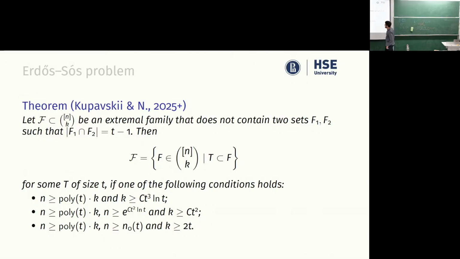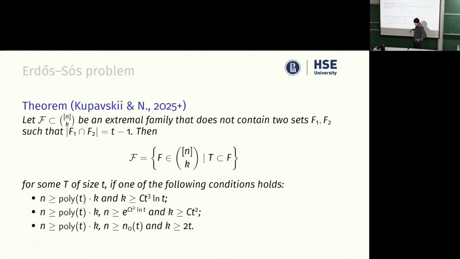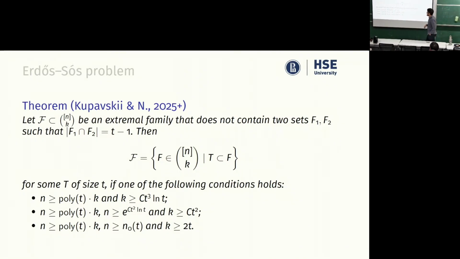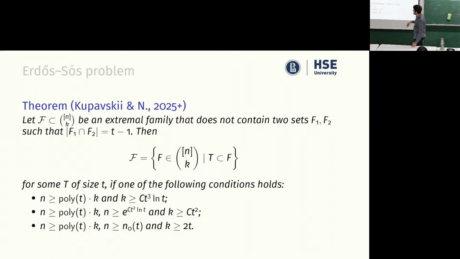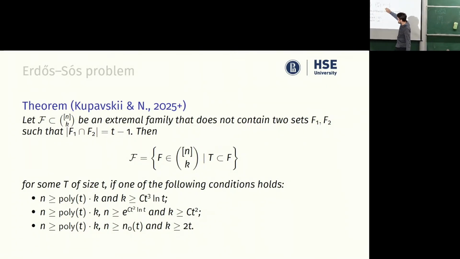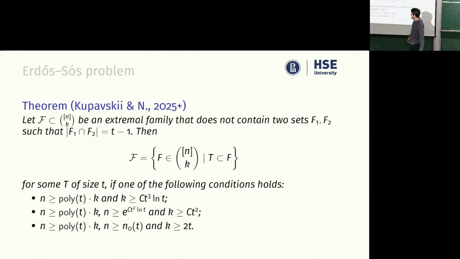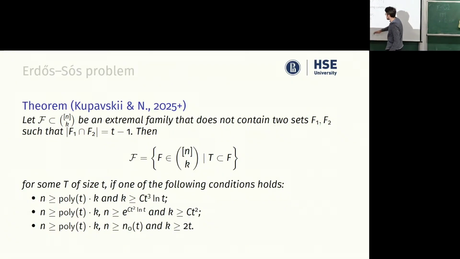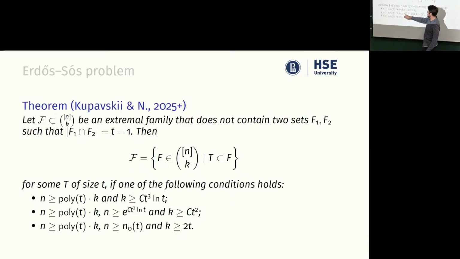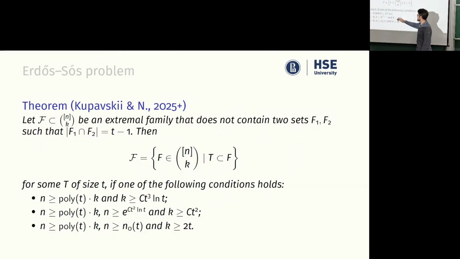For example, if n is a polynomial of t times k, and k is some polynomial of t, then you have the same result, but the maximum among Frankl families is attained for the trivial t-intersection family. If n is larger than some exponent to the power of t squared log n, and k is larger than t squared, you again can obtain this result.